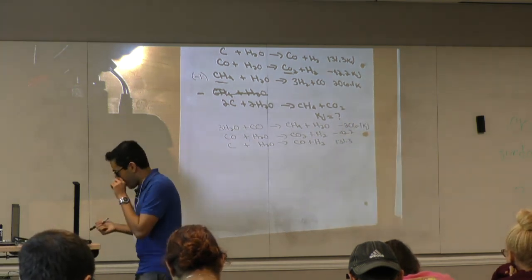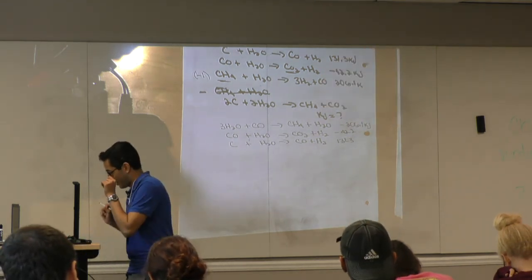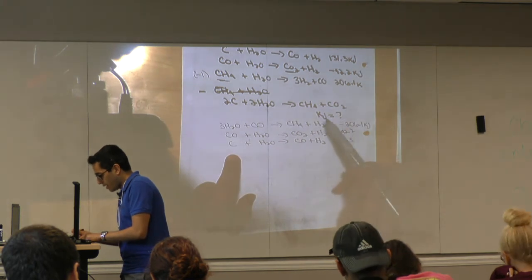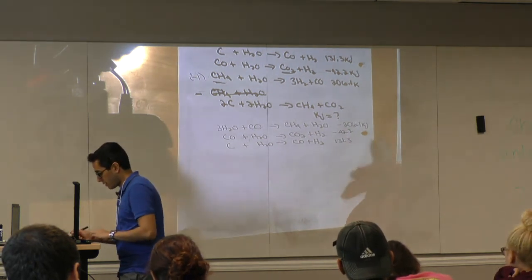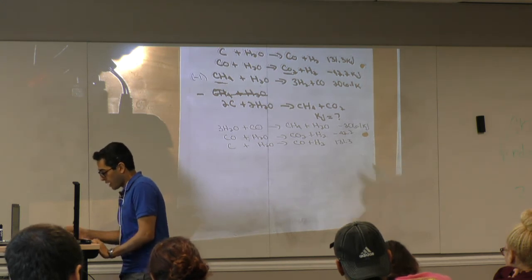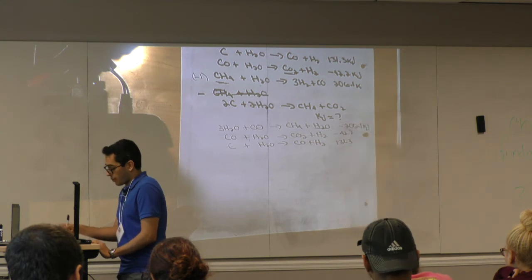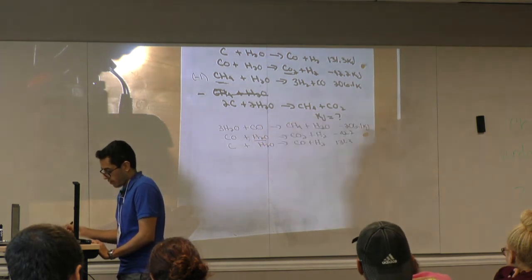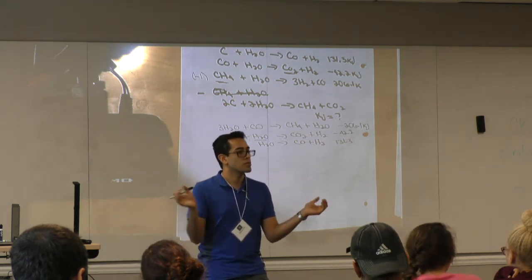Okay, so now we have CH4 and CO on the right side, but we need C and H2O on the left. We have an H2O here, but we also have an H2O on the other side, so these would cancel, because when you add them, if they're on both sides, they cancel.